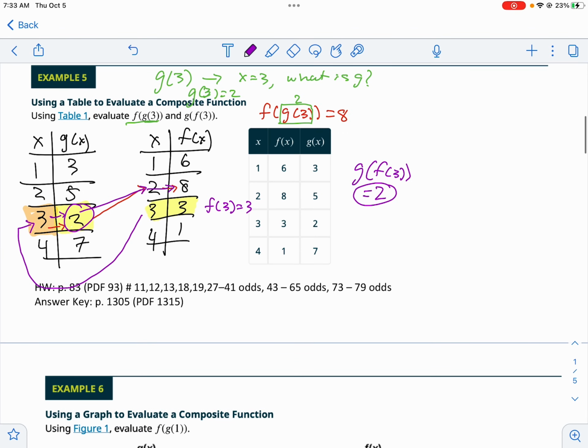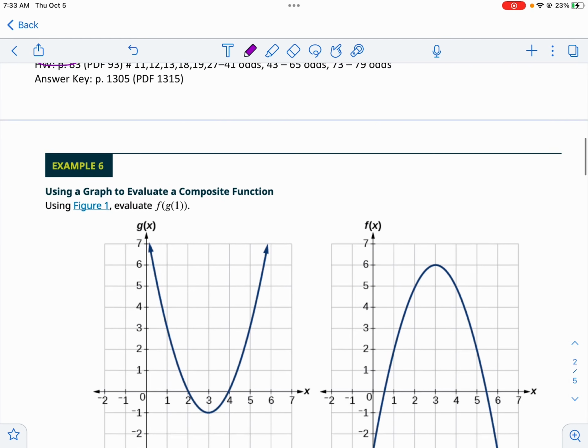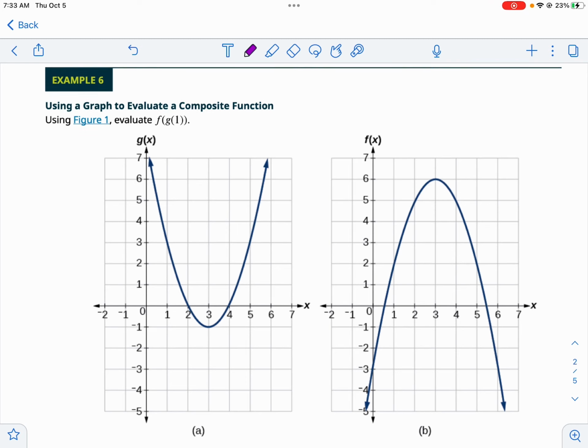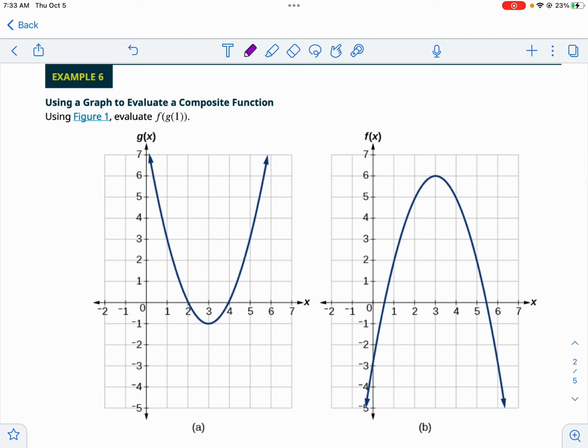So if you look at example 6, a graph, let's see if this makes a little bit more sense if you're still confused on the table. F of G of 1. First you're going to find G of 1. So here's your G graph. Make sure you're looking at your G graph, not the F graph. So G of 1. Here is 1. So G of 1 is here at 3.